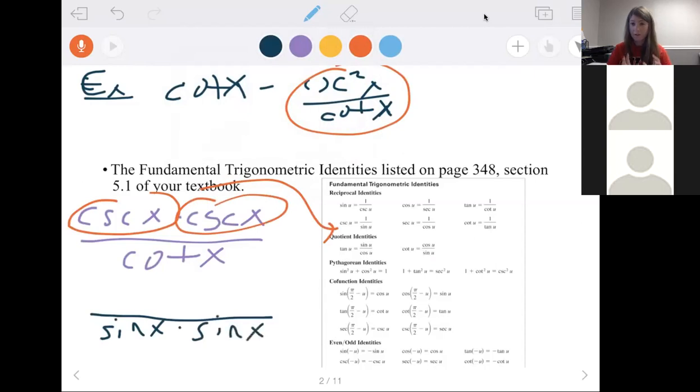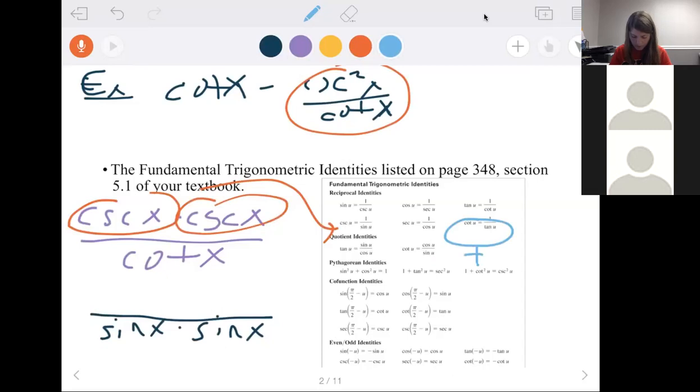Now, why am I leaving them as 2 copies instead of sine squared? Well, I'm hoping that I'm going to be able to cancel some things later and get rid of one of them potentially. So let's do the same thing for the cotangent. Now, the cotangent one is maybe a little bit trickier to look at because we don't have anything where we have 1 over cotangent. But what we do know is that cotangent is 1 over the tangent.